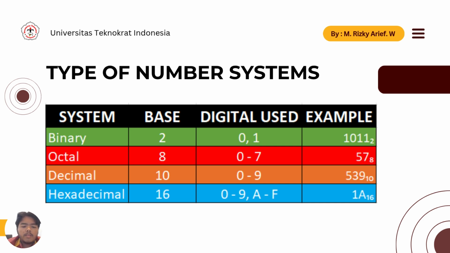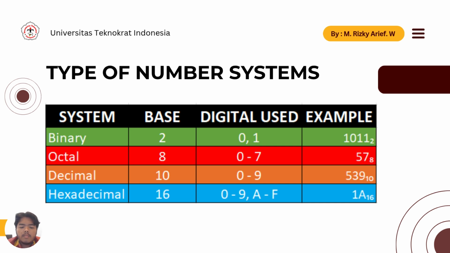The octal system with base 8 uses digits from 0 to 7. It is sometimes used as a shorter form of binary numbers. An example of octal system is 15757 base 8.